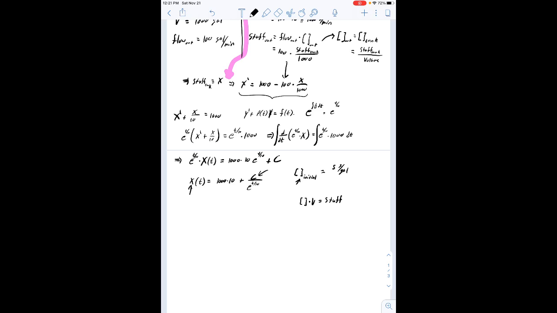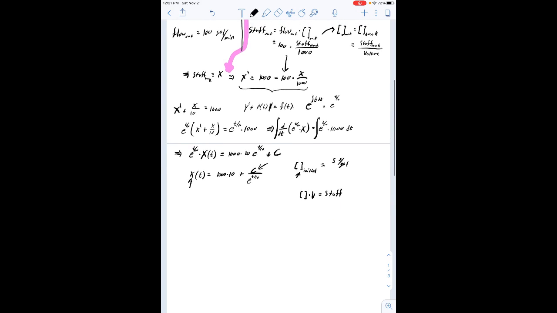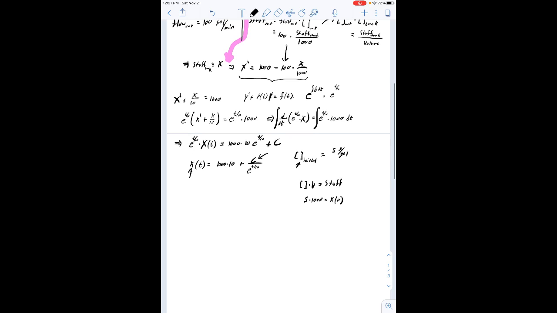If we just look at the units, this would be grams per gallon times gallons is equal to grams. So we just look at our units and we know that that equation works. So we can say 5 times 1,000 is equal to my x at time t equals 0. So this is going to be 5,000 equals x at 0.